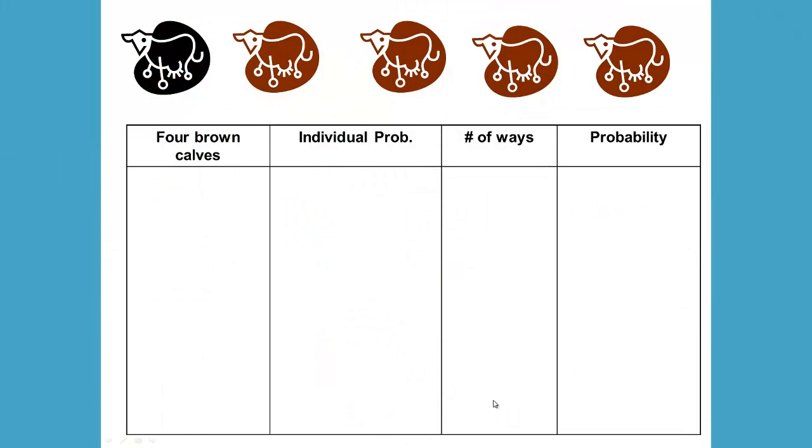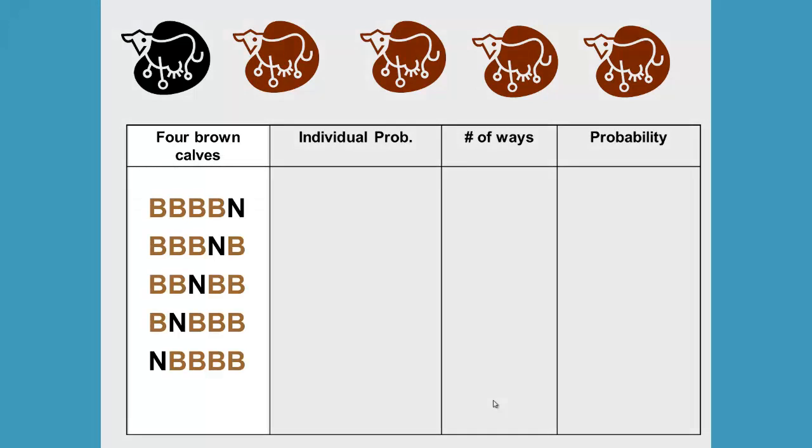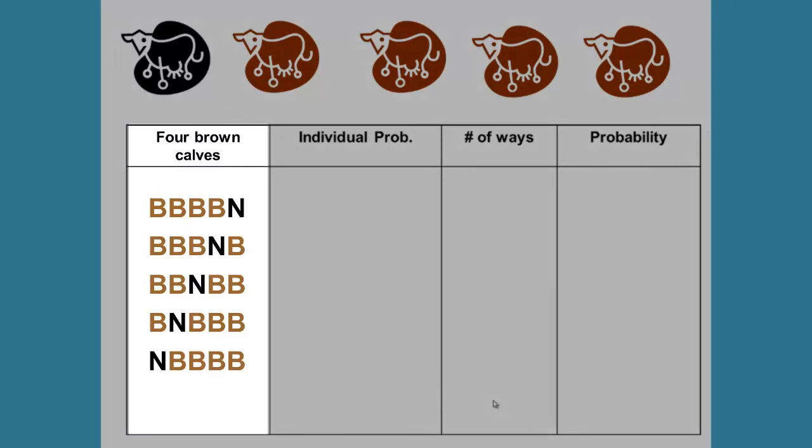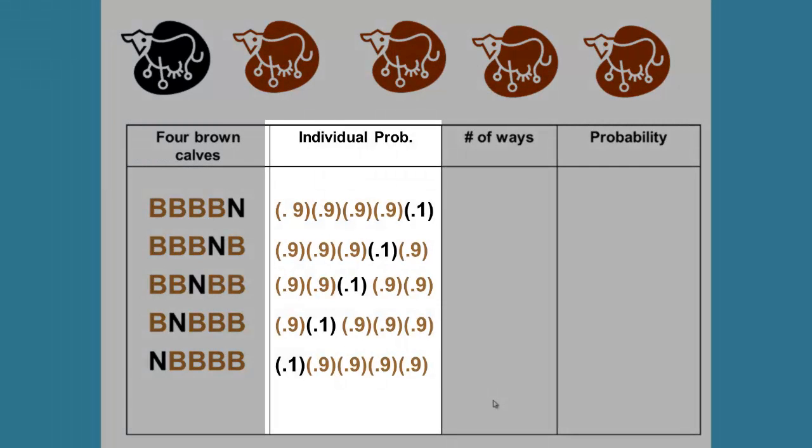or 0.0729. Next, we will look at having 4 brown calves and 1 not being a brown calf. Notice this only gives us 5 ways to do so, and the individual probabilities are listed.